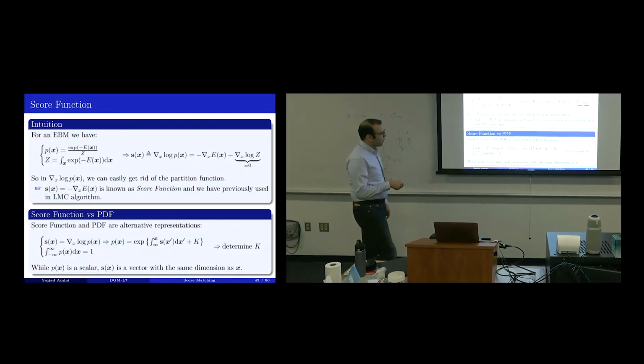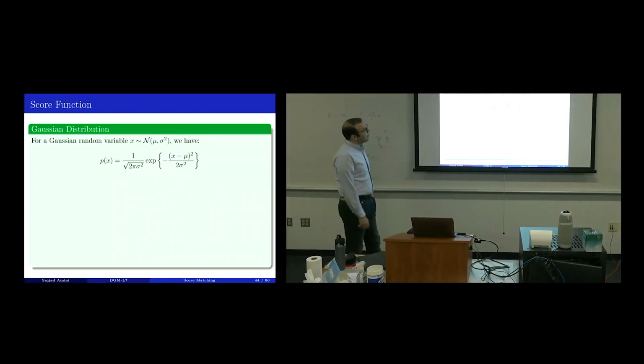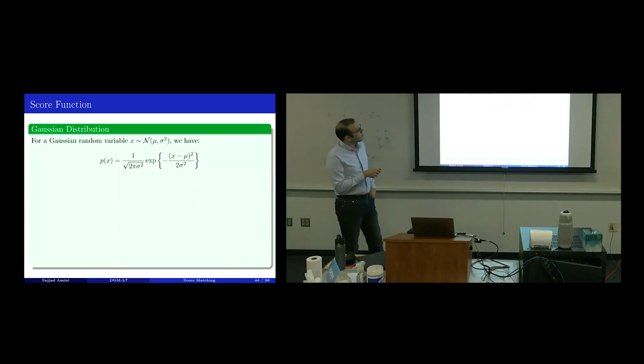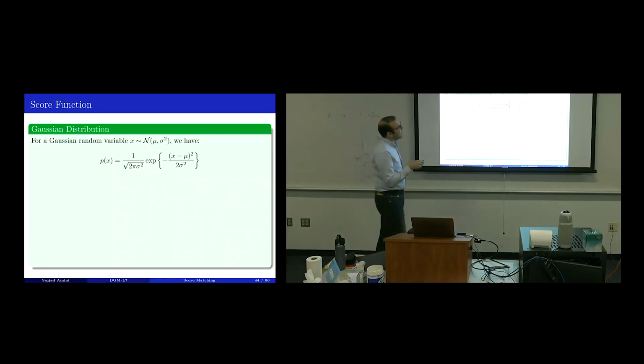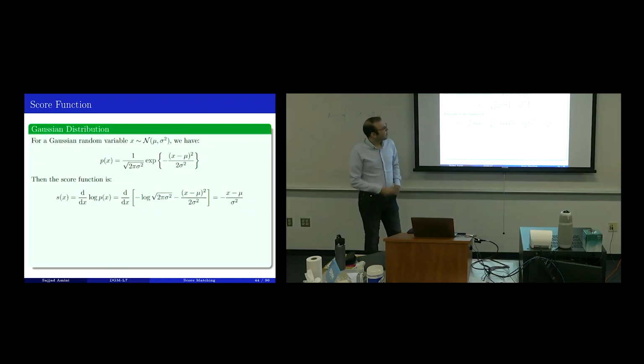While P of x is a scalar, S of x is a vector with the same dimension as x. But let's see the score function for the simple case of a Gaussian distribution. Assume that I have a Gaussian distribution with mean mu and variance sigma squared. What happens for the score function? The score function is the gradient of the log of this function with respect to x. And you can see it is a very easy formulation for the score function in contrast to the distribution itself.